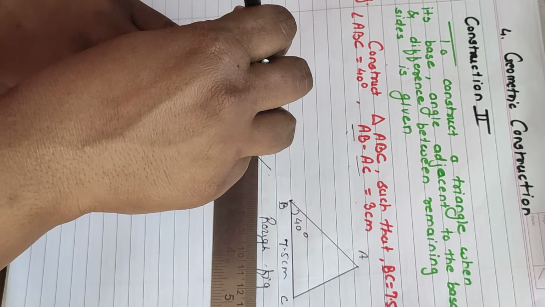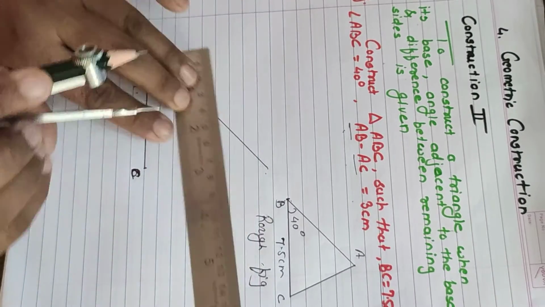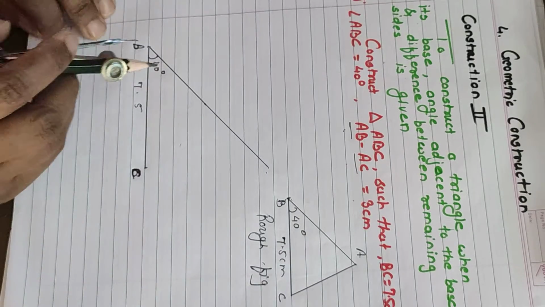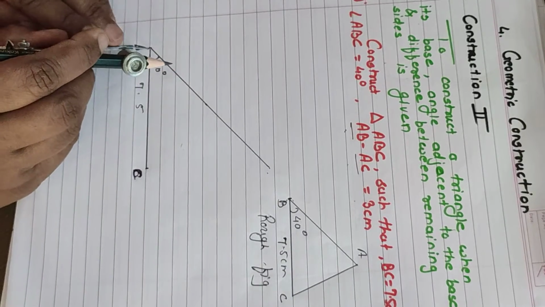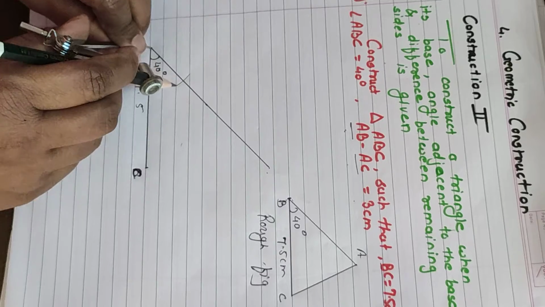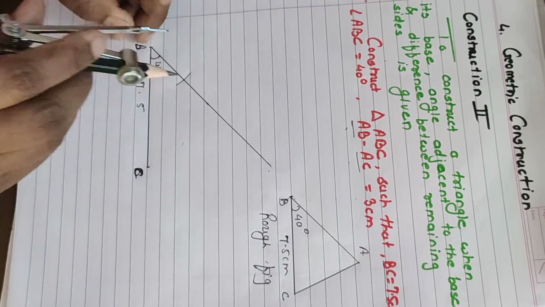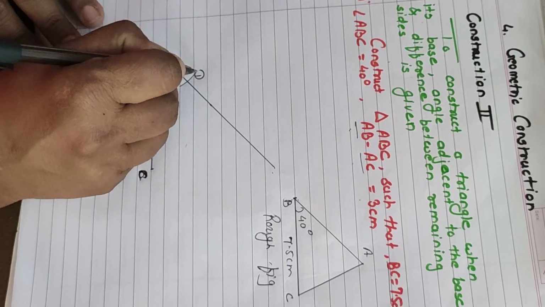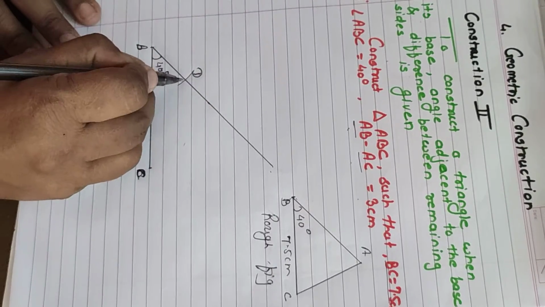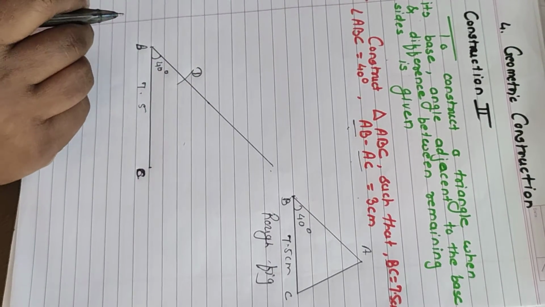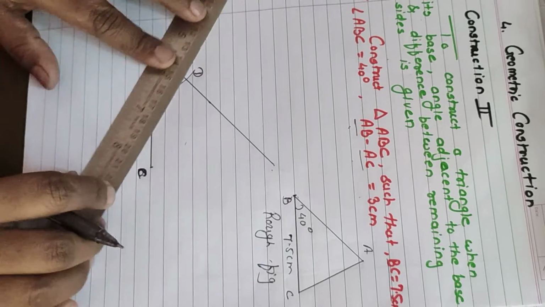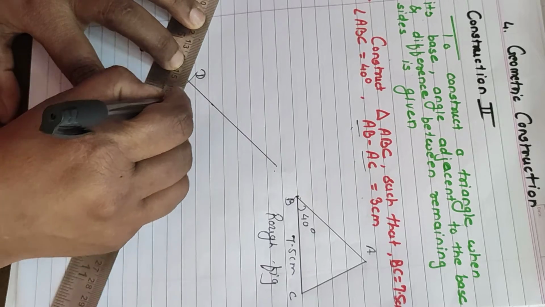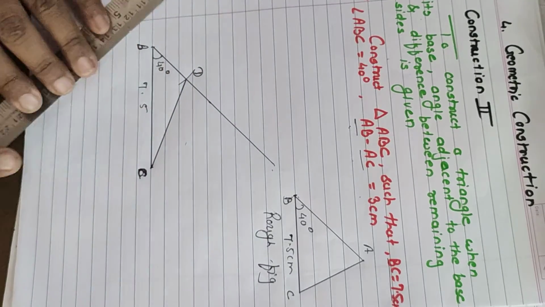Now from this B, put the metal point on B and draw the arc, and this is my point D. Now join DC.